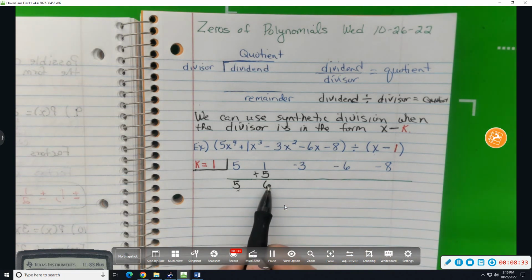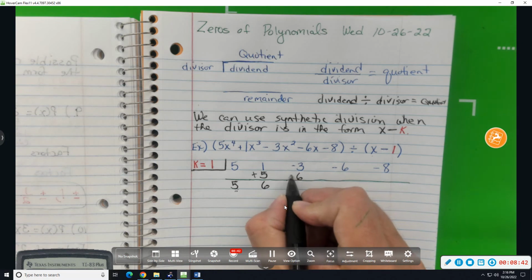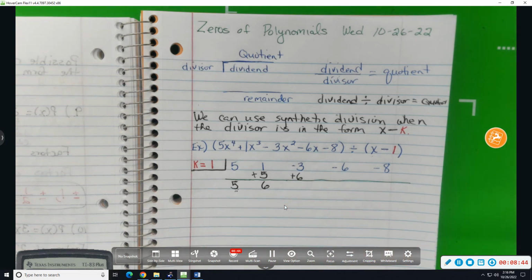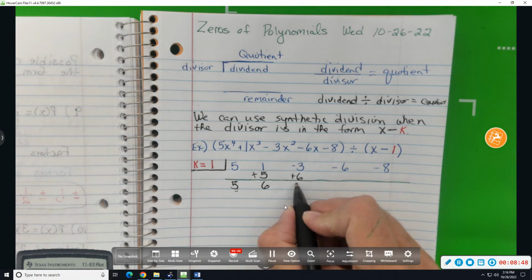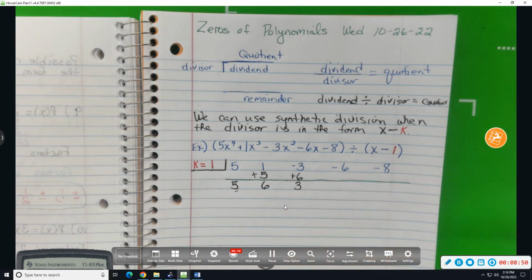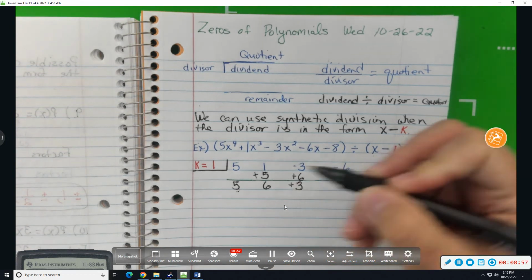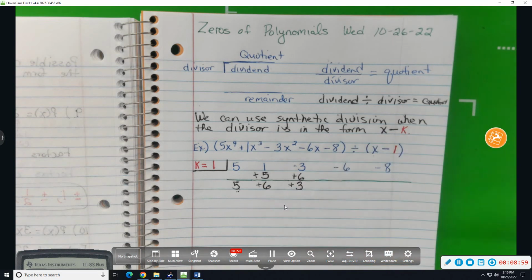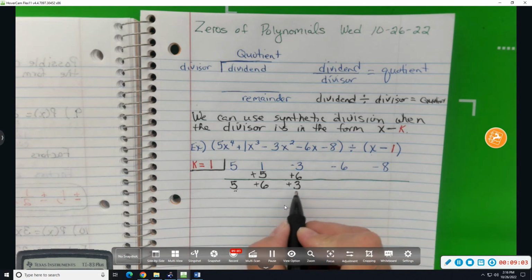What do you see? 1 plus 5 gives you a positive 6. Then continue. The numbers down here, you multiply by k. 6 times 1 is 6. It's a positive 6. So negative 3 plus 6, what number am I going to put right here? Once again, I would put the plus there because it's a positive 3 and then a positive 6, because then I sweep across with the variables at the end. I have the whole answer there.